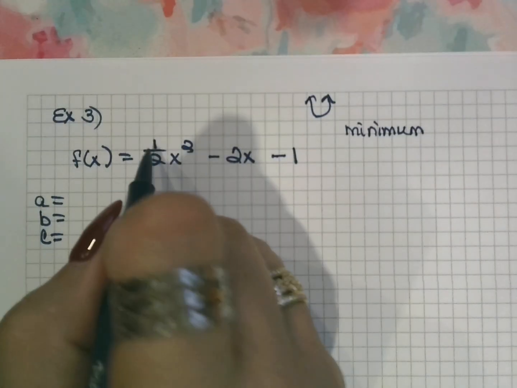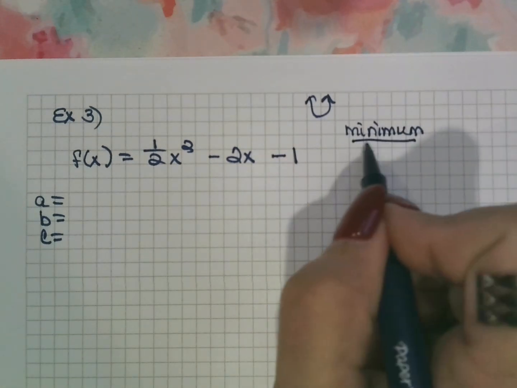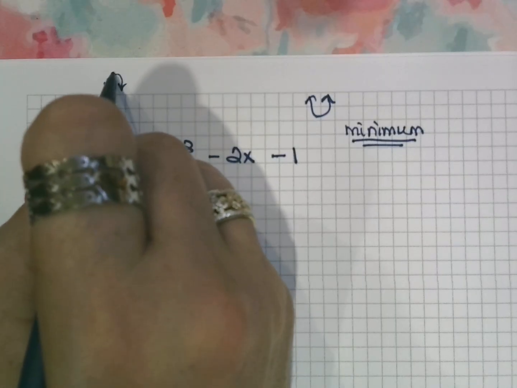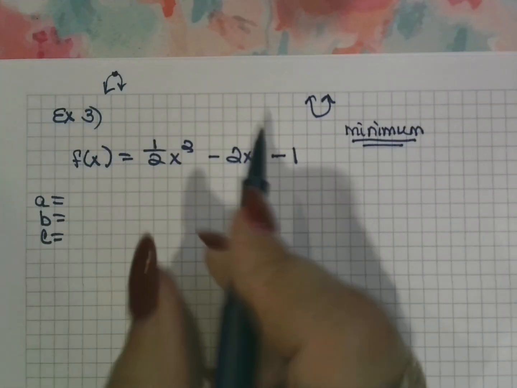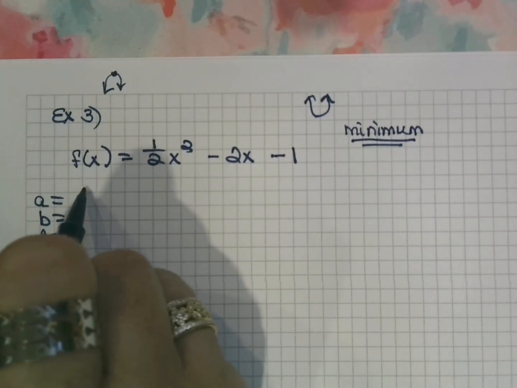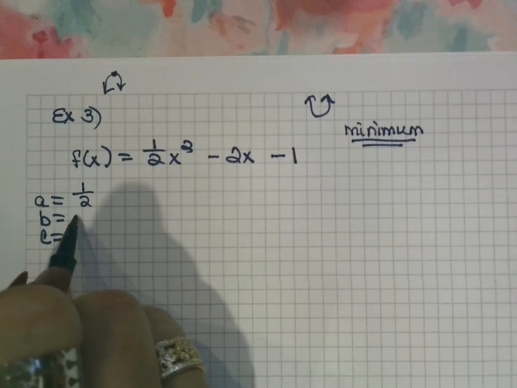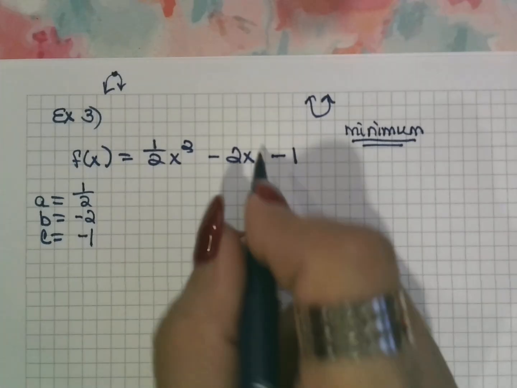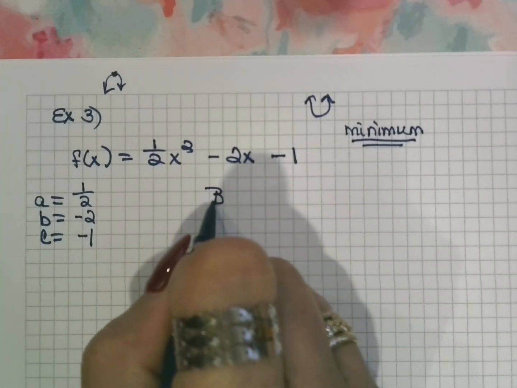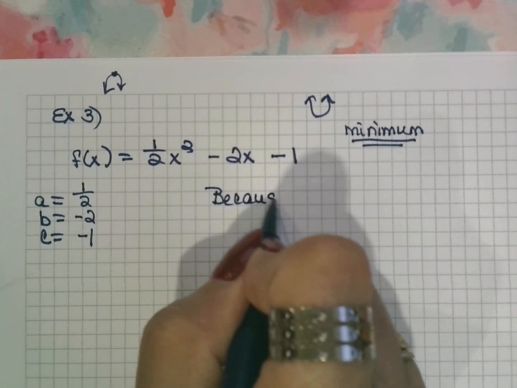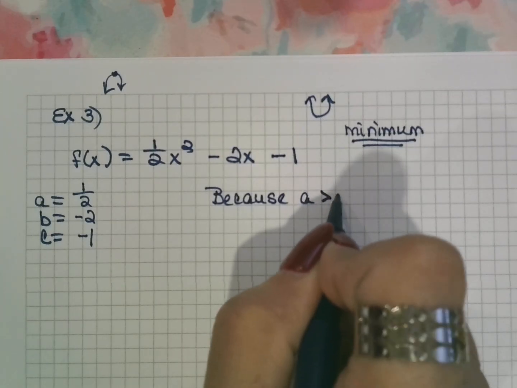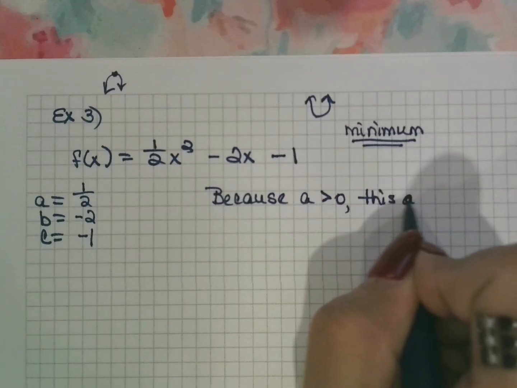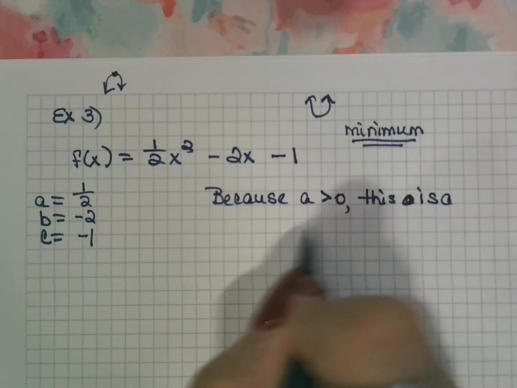If it was negative, we would say right away that it's a maximum, because it would be opening like this, and this would be a maximum point. Okay? So a is 1/2, b is negative 2, and c is negative 1. And again, because a is greater than 0, this is a minimum.